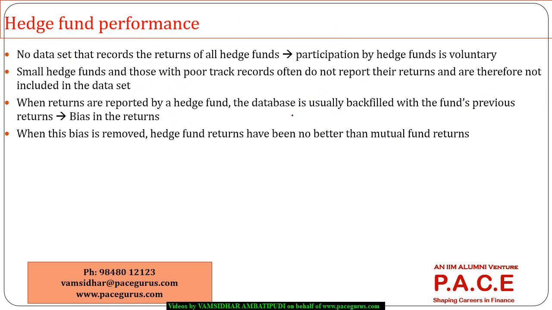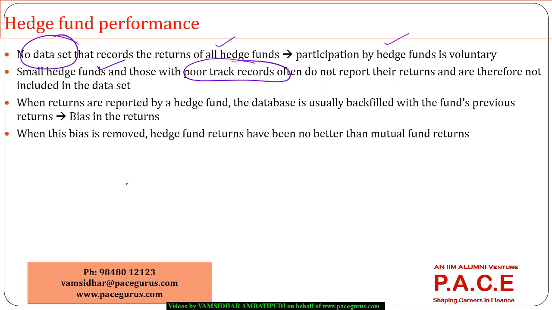And coming to the performance of hedge funds, it is not mandatory that they report all their performances. There is no data set that records all the returns of all the hedge funds, because the participation is pretty much voluntary. Especially the small hedge funds with very poor track records do not report, so they are not included in the data set.